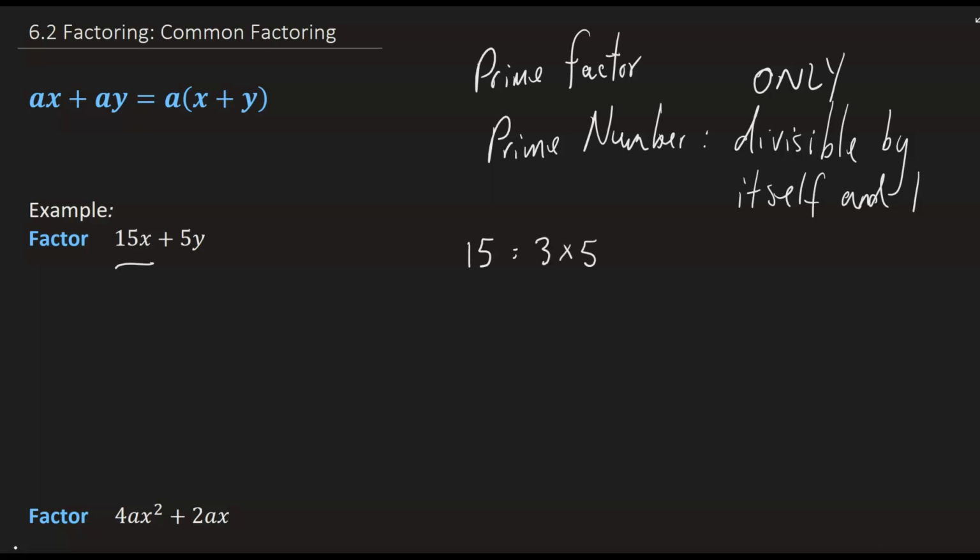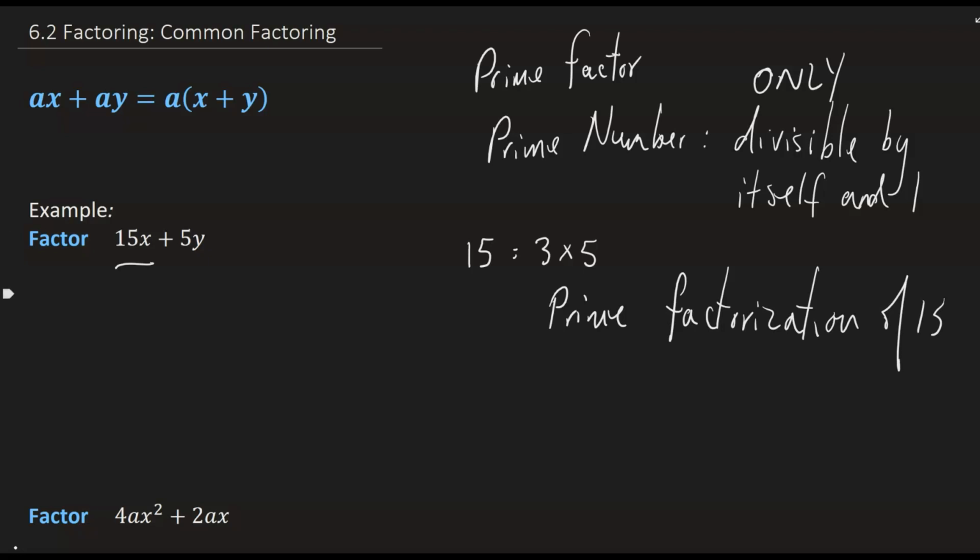Now, can I break either of those factors down into prime factors, or are they already prime? Is 3 divisible by anything else besides itself? No. Is 5 divisible by anything else besides itself and 1? No. So this is the prime factorization of 15. Okay?